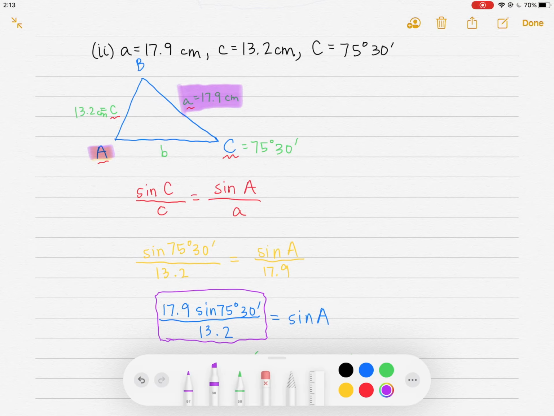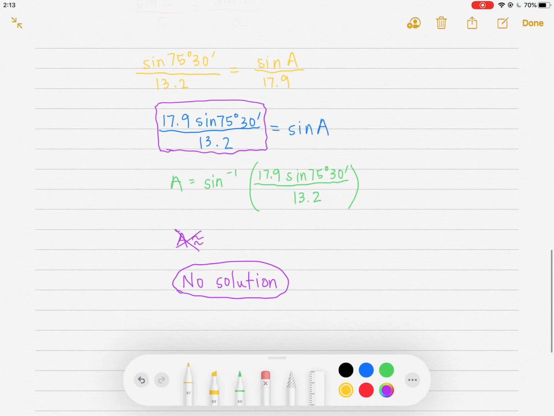And there must be something wrong with our little c being 13.2 centimeters and our little a being 17.9 centimeters, whereas our C is 75 degrees 30 minutes. And big A must not be able to be bigger than him in an actual triangle. And so it's for this reason that we actually have no solution here.